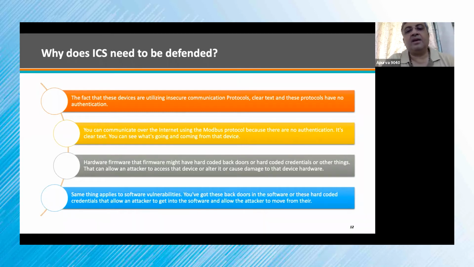That is one thing you need to defend against in an ICS system. The same applies to software. A lot of SCADA systems come with monitoring software, and if you don't keep that updated, there is again a chance that your system is vulnerable.